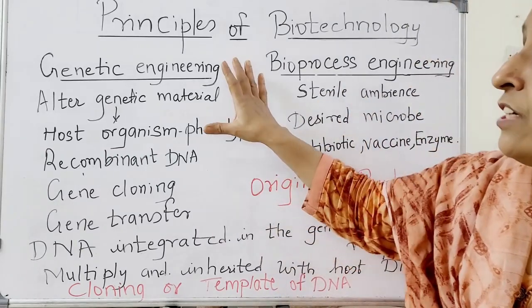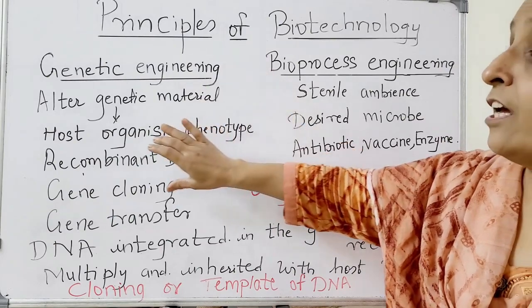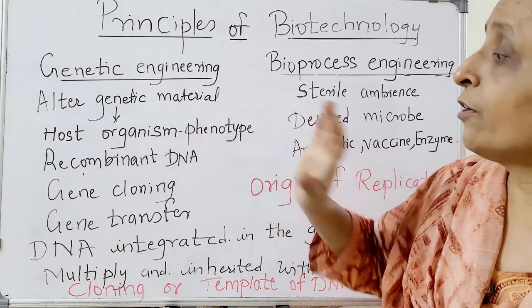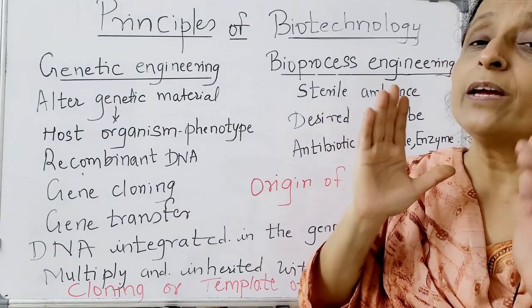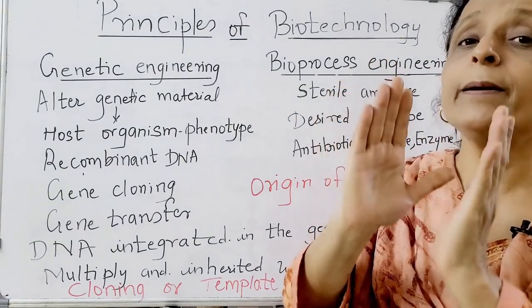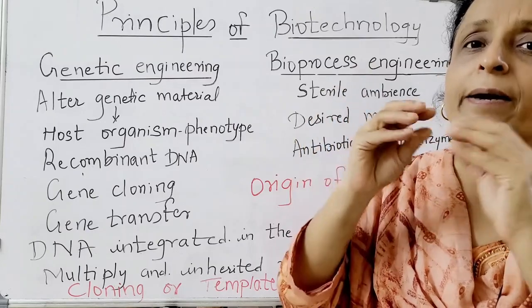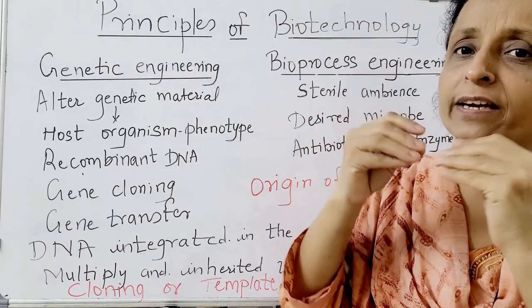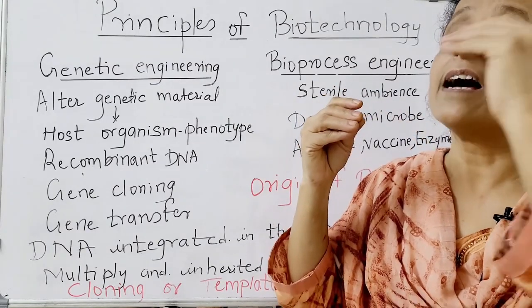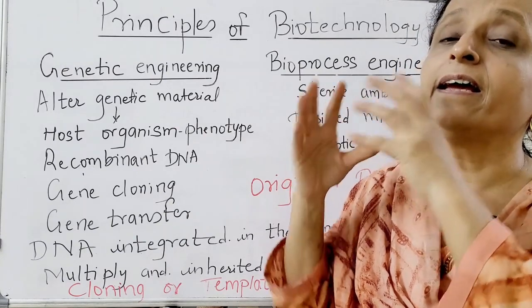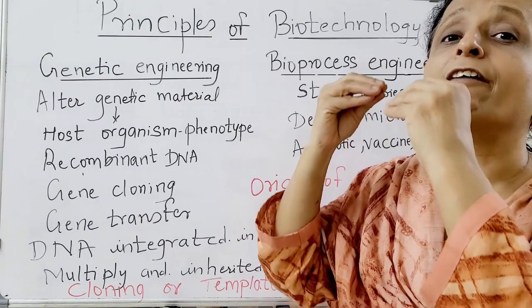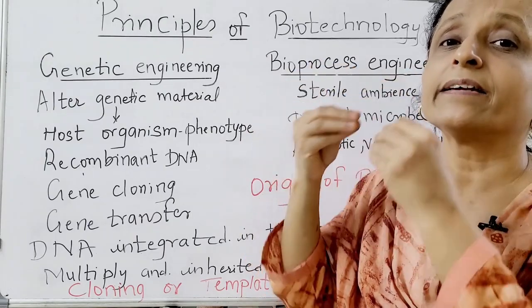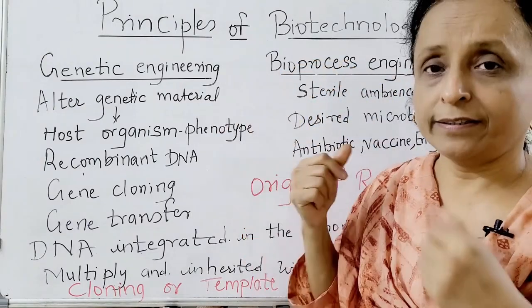So this genetic engineering has helped us create a recombinant DNA, a new DNA which we have created by combining two types of DNA and putting the desirable DNA into the chromosomes to have the desirable characters in the organism.